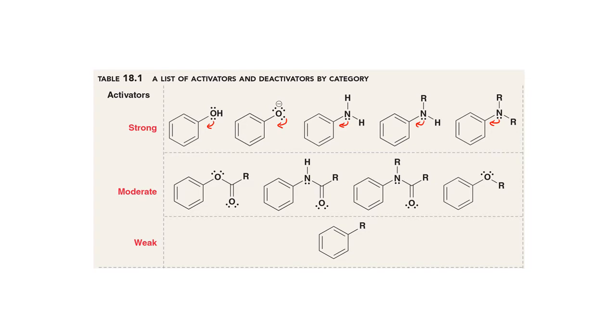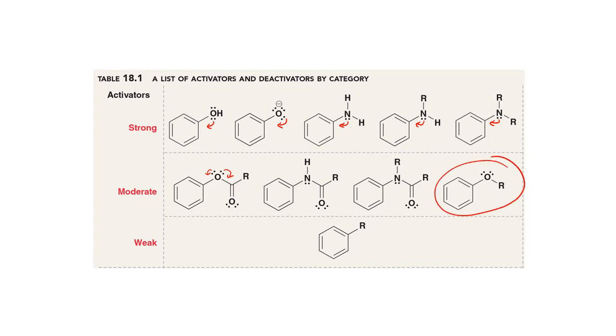So in addition to the electrons being donated to the benzene ring, they're also participating in resonance with this carbonyl. So that's going to make this arrow a little bit smaller, show it teeny tiny. So there's going to be less of that electron density going towards the ring because more of it's going towards the carbonyl. So that's going to make it a little less strong than just our regular strong activators.